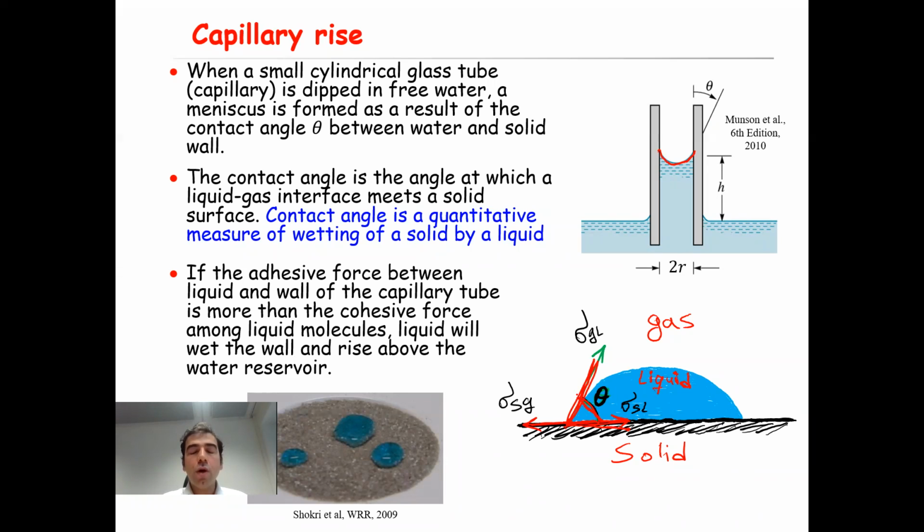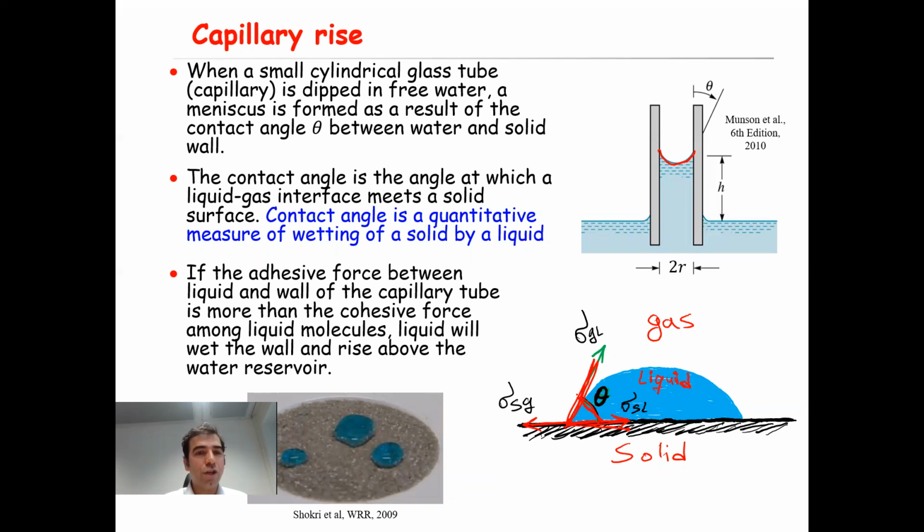If the adhesive force between the liquid and the solid surface is more than the cohesive force between the molecules in the bulk fluid, the fluid prefers to wet the surface. So we call the surface wettable with respect to that particular fluid.